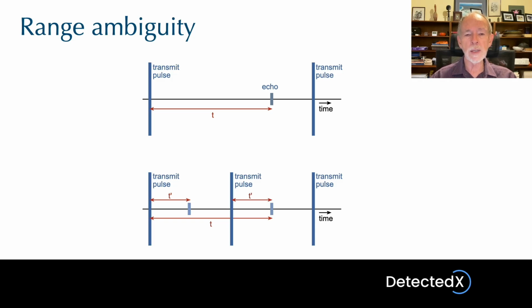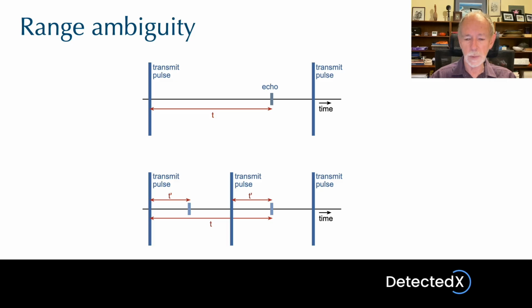And so it displays it at two different depths. One of them calculated from the time t, so that's the correct depth, but then at a more shallow depth calculated from the time t dash. So basically the image of the object causing this echo is going to be duplicated more superficially when we have range ambiguity. Again, this is a fairly unusual artifact.